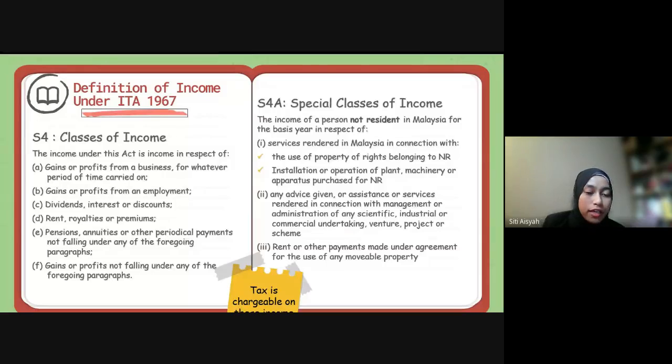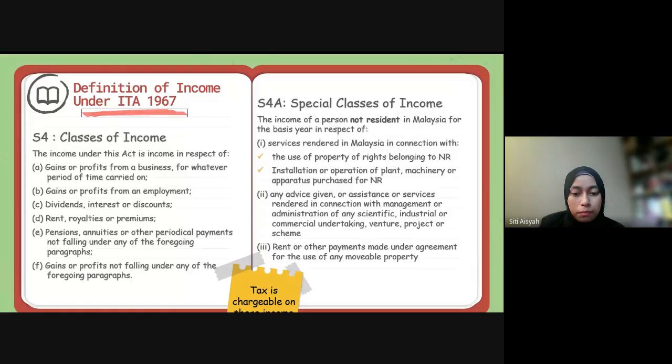In Section 4A, it is the special classes of income on which tax is chargeable. Why special classes? Because it is the income of a person that is not resident in Malaysia for the basis year. The income under these special classes is, first, the amount paid as consideration for services rendered in Malaysia in connection with the use of property or rights belonging to the non-resident person, or the installation or operation of plant, machinery or apparatus purchased from that non-resident person.